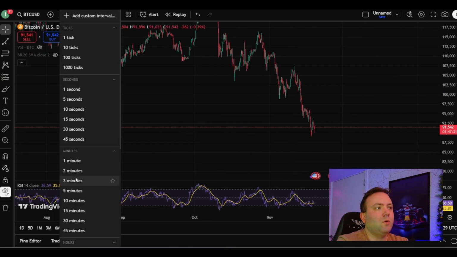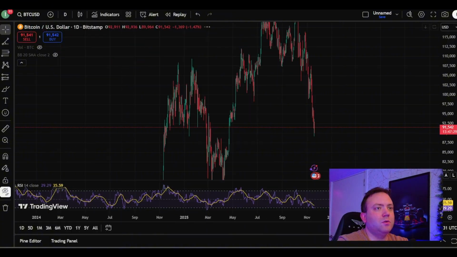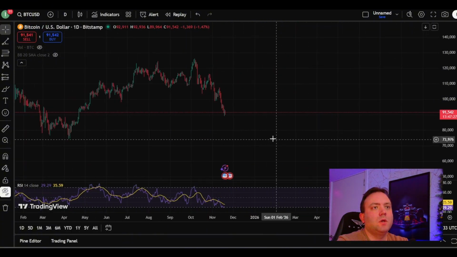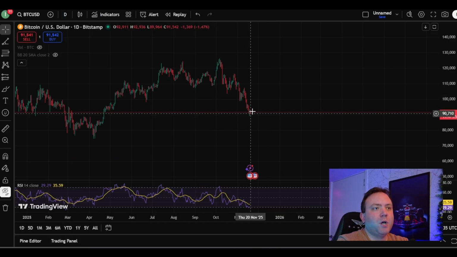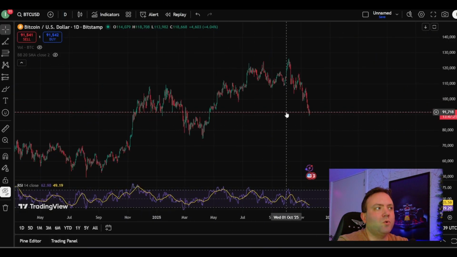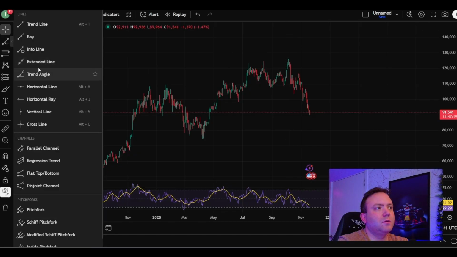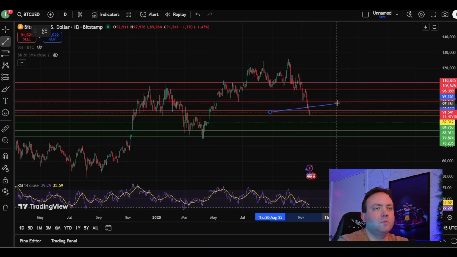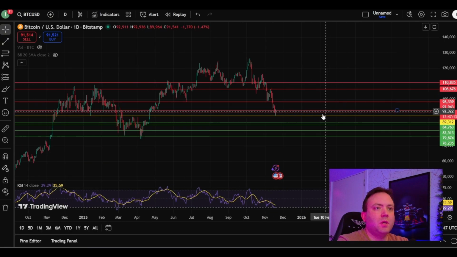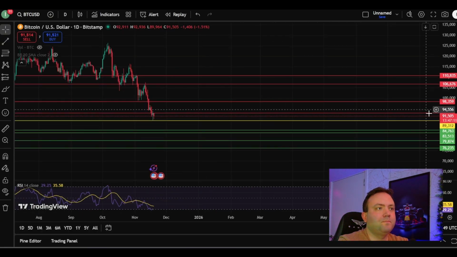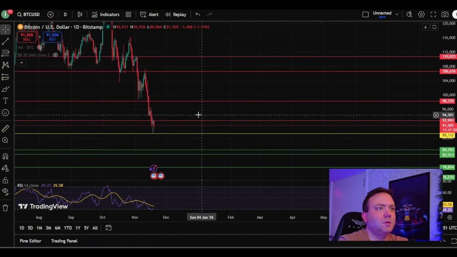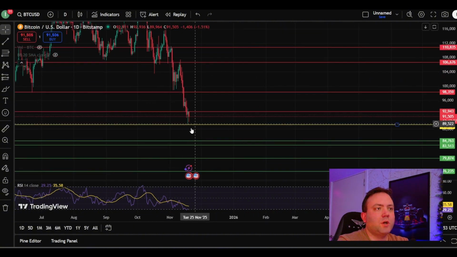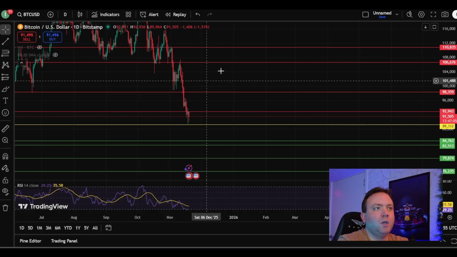So when we go back to the 4 hour or the 1 day, you see the price has massively gone down. We are hitting a support level here. Actually, I already drew that level. We can try to find a nice buying opportunity here.